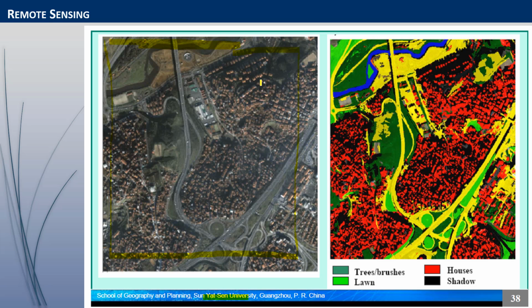With the help of geospatial technology, GIS, we construct a heat map where we can clearly see that the red region represents the houses, the trees or bushes are represented by the green region, the lawns by light green, and the shadows, where enough data is not available, are represented in this heat map with black.